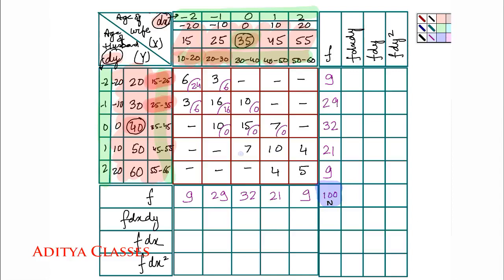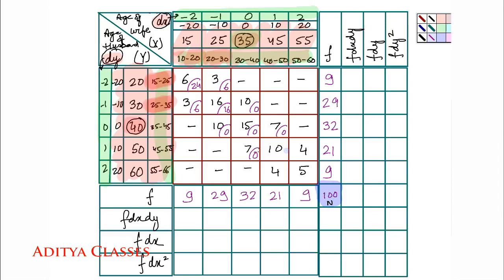Now let us move to this row. 7 multiplied by 1 multiplied by 0. This will give me a 0. Then we have a 10 multiplied by respective dx of 1. So look here carefully. 10 multiplied by this 1 is 10 f dx and then this dy. 10 into 1 multiplied by 1.